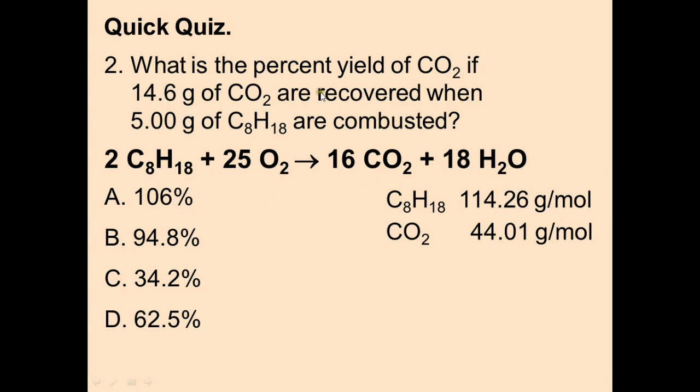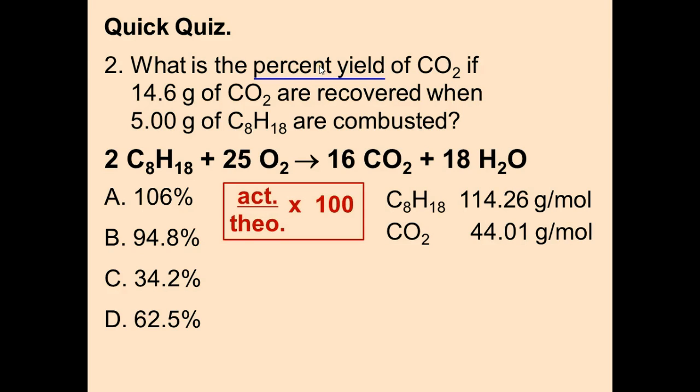So we're asked to calculate percent yield, which is actual yield over theoretical times 100, and we have an actual yield of 14.6 grams, and then we are given that we're going to react 5 grams of C8H18 right here. And so now we have to calculate the theoretical yield, and luckily this problem gives us the molar mass, so we don't have to go calculate it.